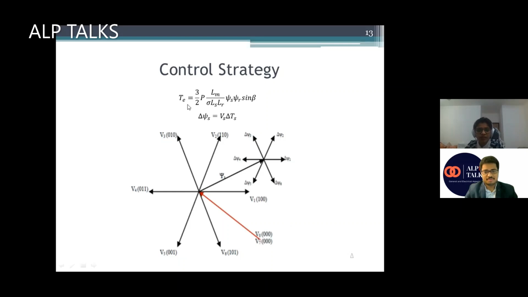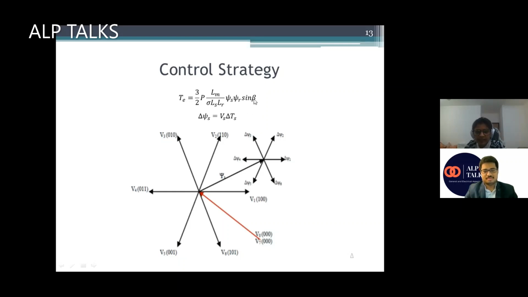This is one of the equations of torque that I have used. There are many other equations also that we can use. We can see torque depends on the angle between the stator and rotor flux.